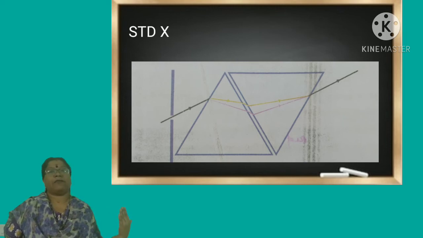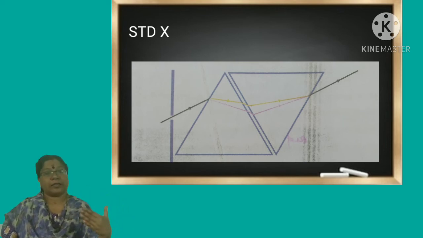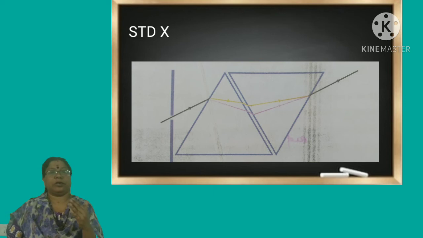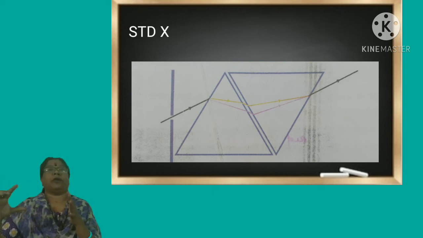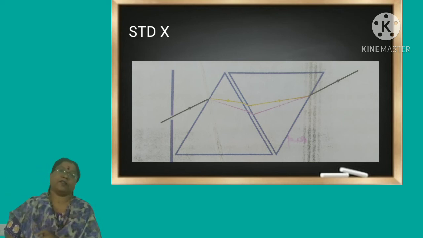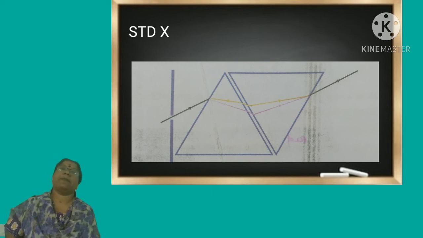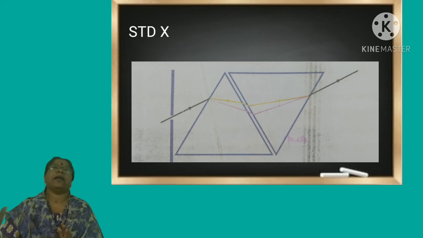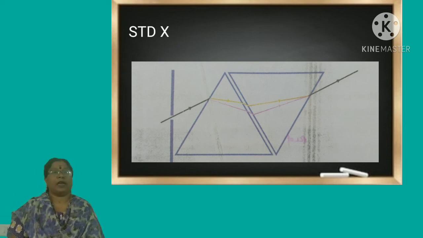The ray of light first enters the first triangular glass prism and undergoes dispersion, and when it enters the second glass prism, it comes out as a single ray of light. That is what is known as recombination of light. If light can be split up into 7 colors, the 7 colors can be combined again to get white light. This is recombination of light.